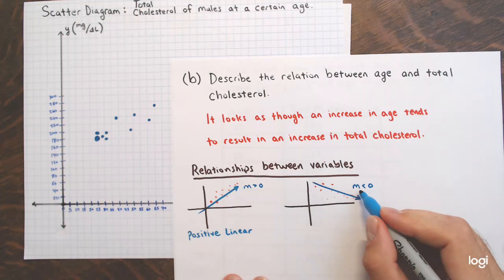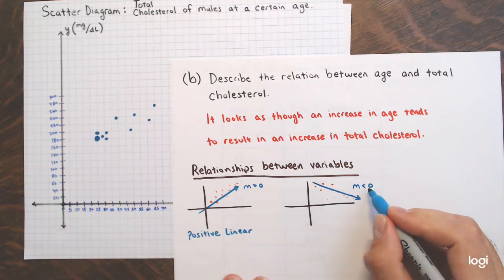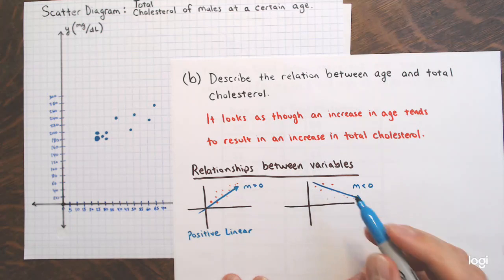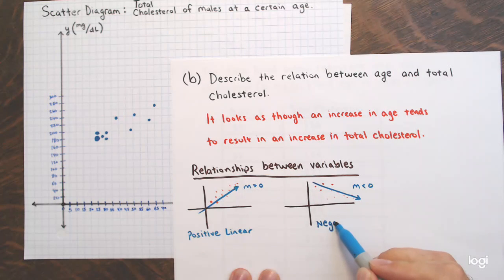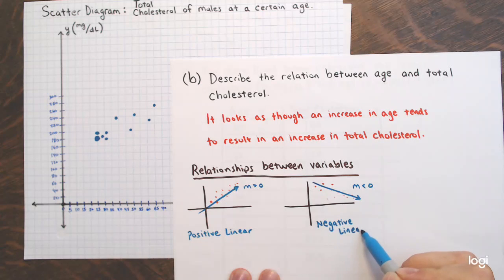Remember the lowercase m again represents slope, less than 0. If you're seeing a scatter diagram like this, then the points are trending downward. You would say that there's a negative linear relationship between the independent and dependent variables.